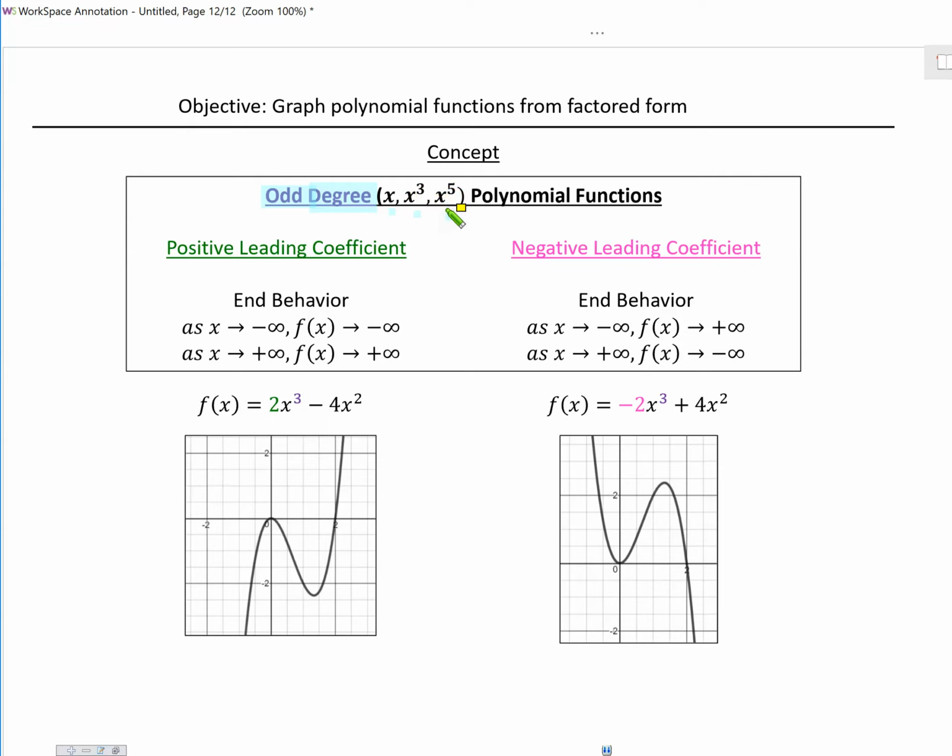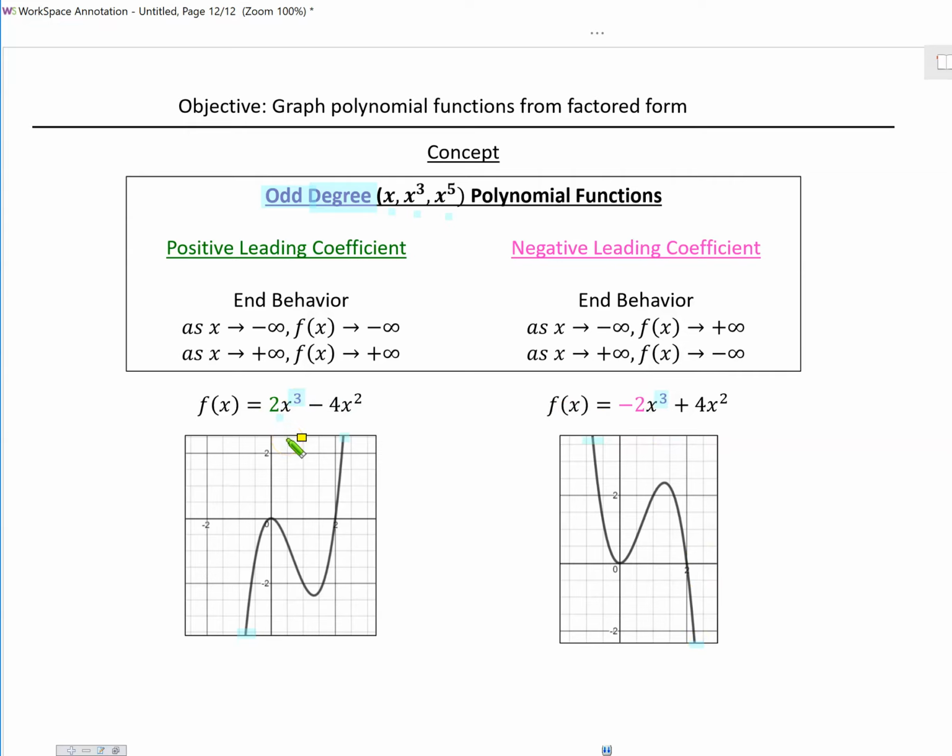If our degree is odd, the end behavior goes opposite directions, as we see here. One end goes to positive infinity, the other end goes to negative infinity for an odd degree. These are both cubics in this case.